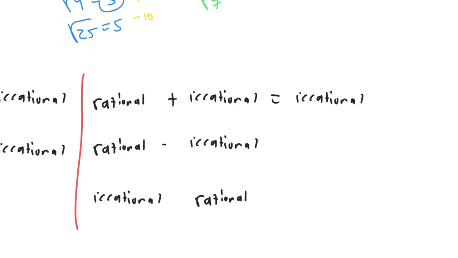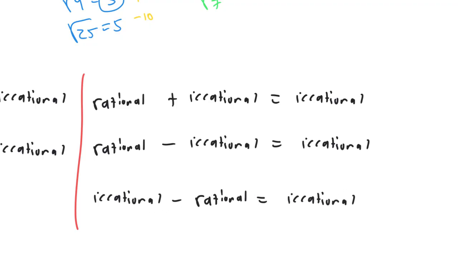Anytime you have a rational number minus an irrational number, that's going to give you an irrational number. Anytime you have an irrational number minus a rational number, that's going to give you an irrational number, pardon me.